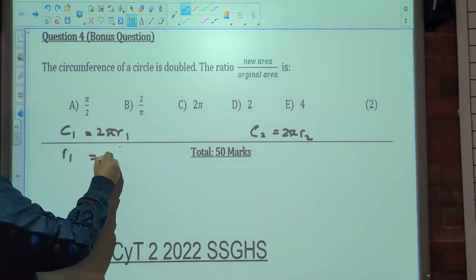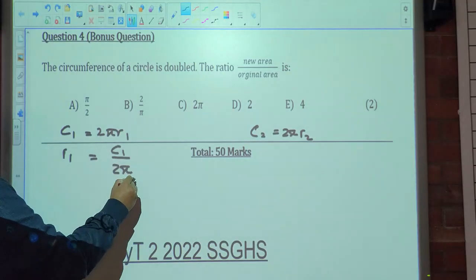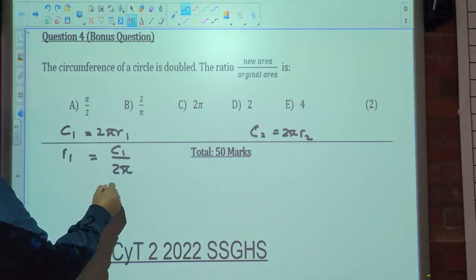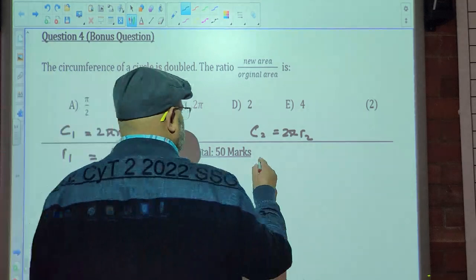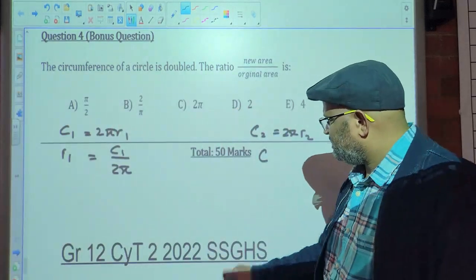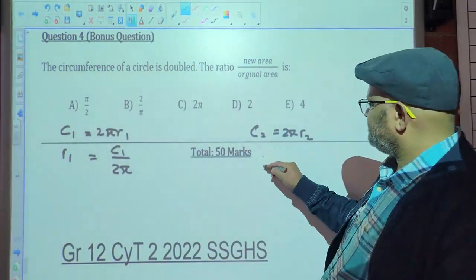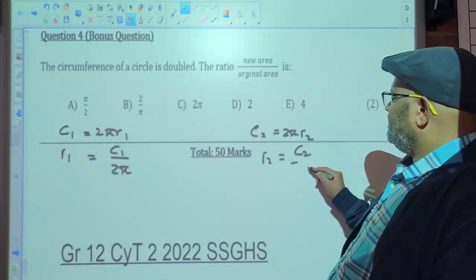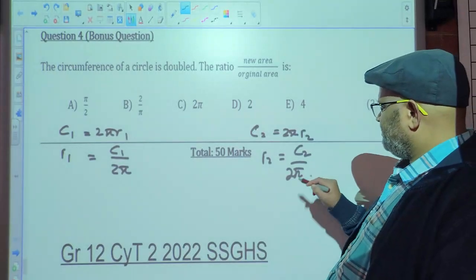So r1 is going to be C1 over 2 pi, and of course r2 will be C2 over 2 pi.